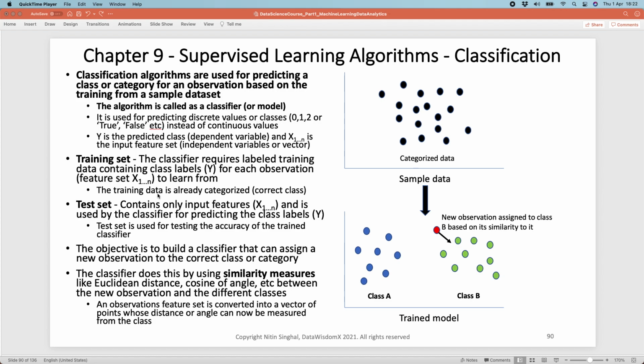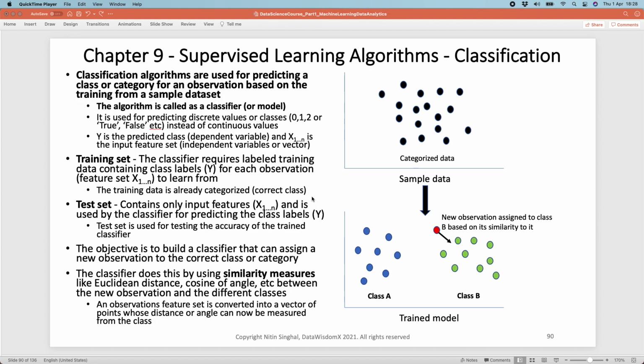Now, being supervised learning algorithms, the data is labeled. So the data the model gets, the dependent variables y, are already available for each row of independent variables x. So it needs to know what combination of x variables gives what y. So it has to learn from that.